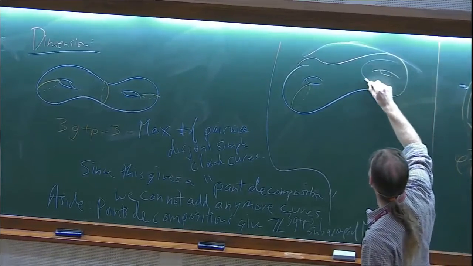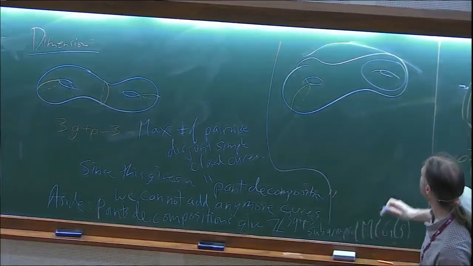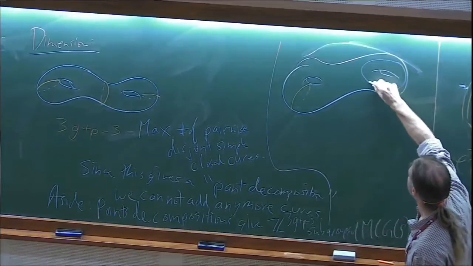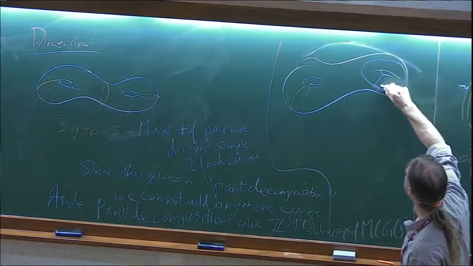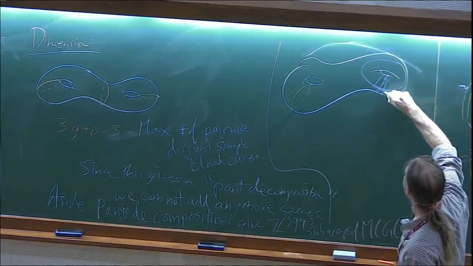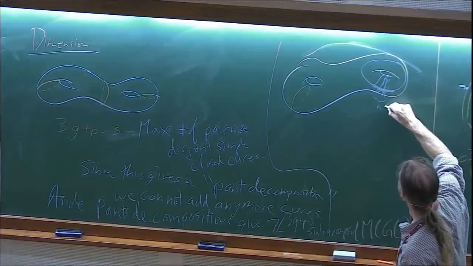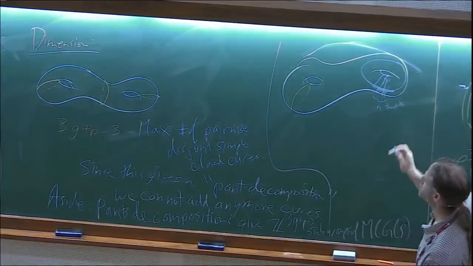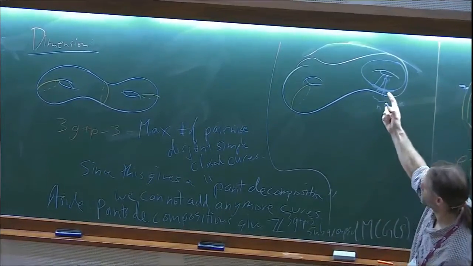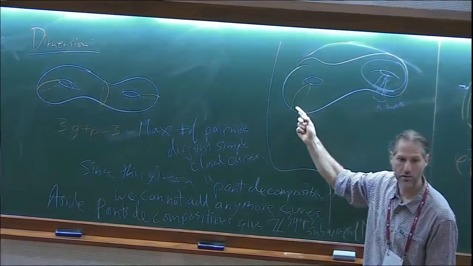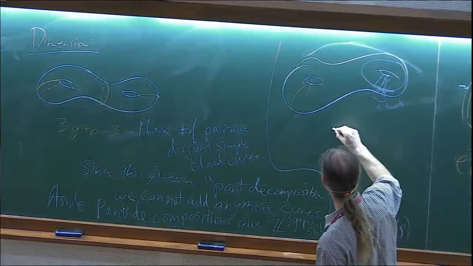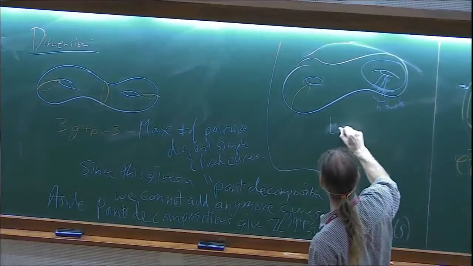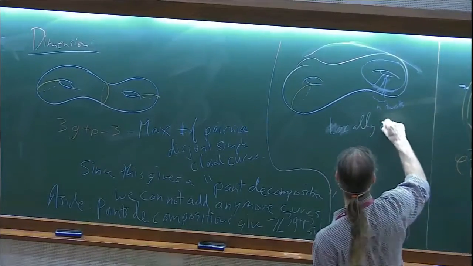I could take a curve that goes around over here, and then I could find another curve where I twist once around here, or I could twist n times. Those curves are all distinct simple closed curves in distinct homotopy classes. They're all distinct from the single orange one. So this shows us that the complex is locally infinite. So this is the locally infinite part.